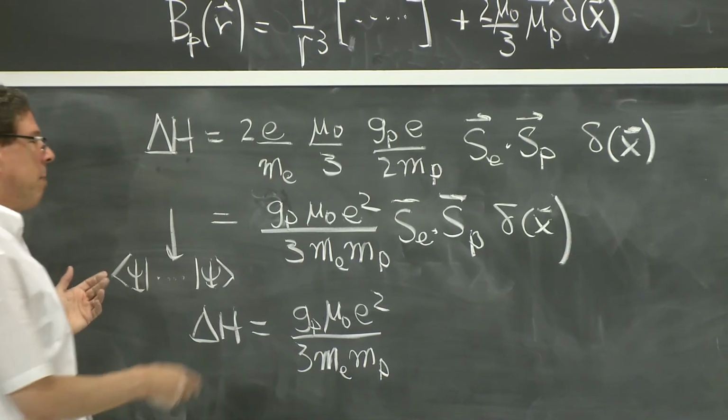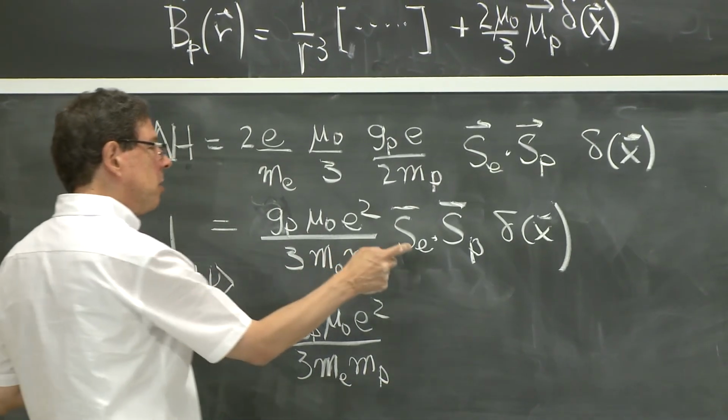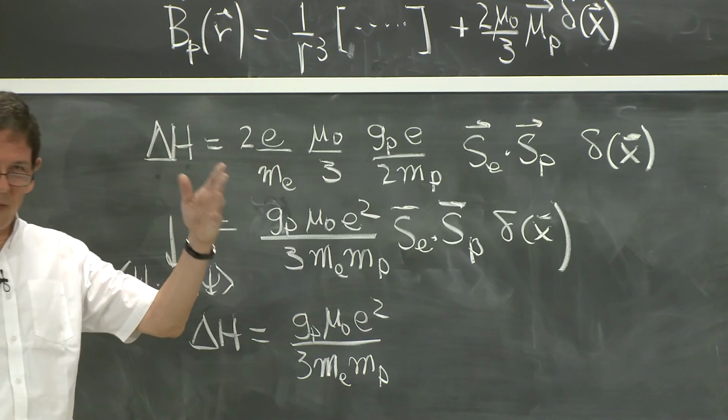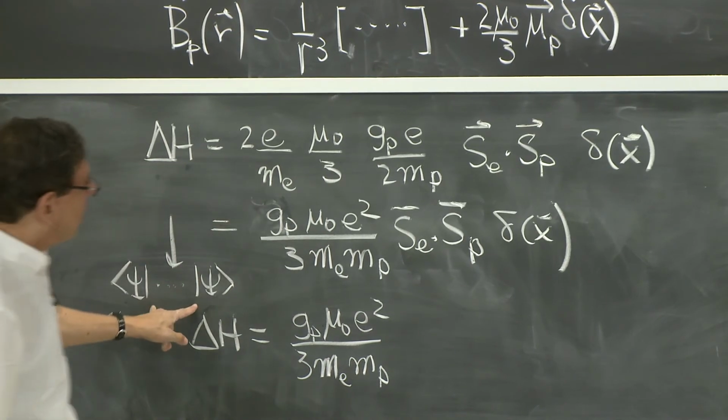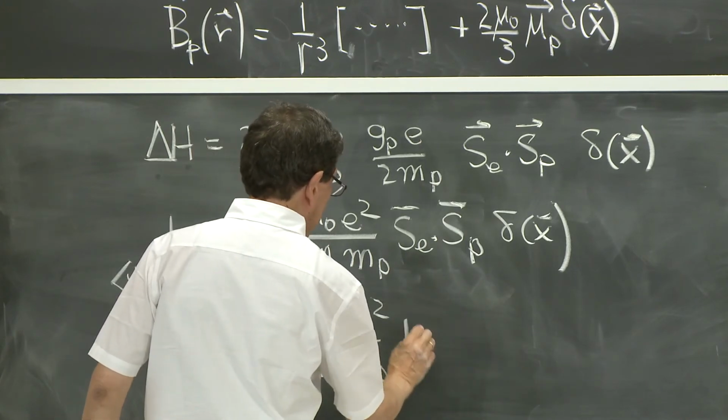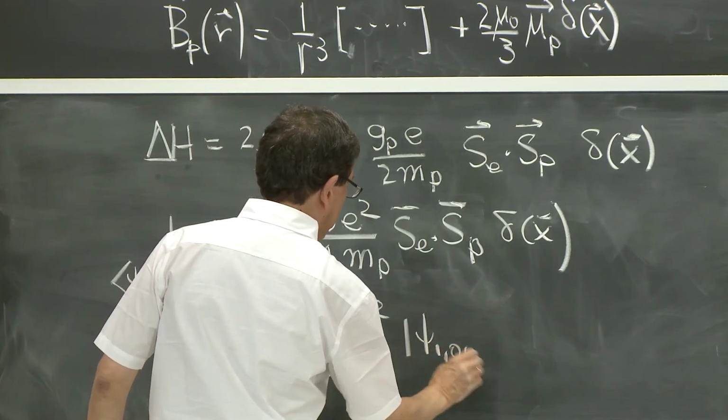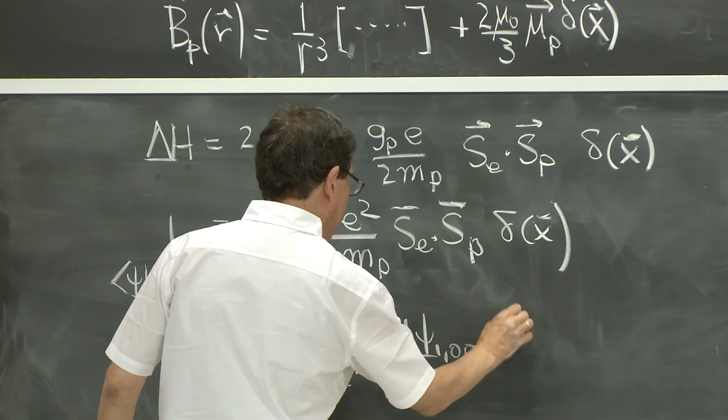Nothing else has spatial dependence. The spin operators live in another world, not in the x space. And therefore here the only thing you get is psi 1,0,0 at 0 squared.